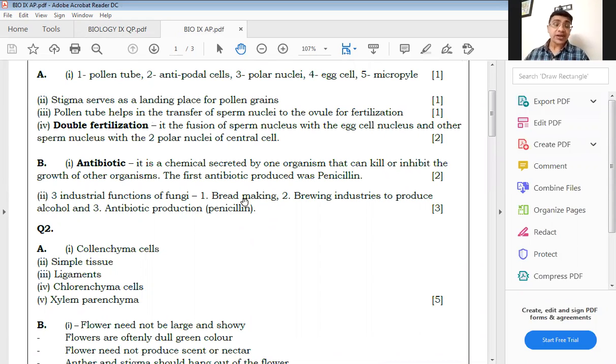That is the first industrial function. Second is brewing industries to produce alcohol, right? And the third is production of antibiotic, and that is penicillin. In bread and brewing industry, it is yeast which is used. For penicillin, we know it is the Penicillium notatum fungus which is used, right? So that was the question on antibiotics.